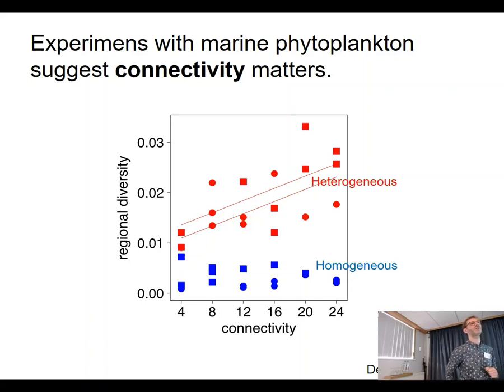And the reason for this is quite logical. If connectivity is really high, then it gets much easier for species to find their optimal habitat. So the effect of the heterogeneity on regional diversity gets magnified by this connectivity.